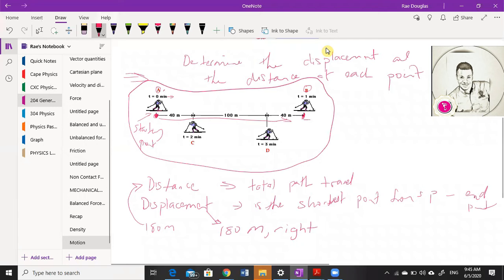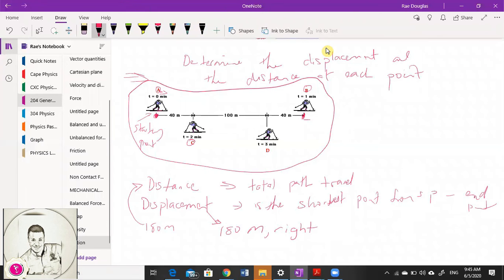Now, let us consider the distance. Let's erase this quickly. Let us consider the distance between A and C, and let's consider displacement as well. So we need to find the distance, and we also need to find the displacement, using the knowledge that we know.